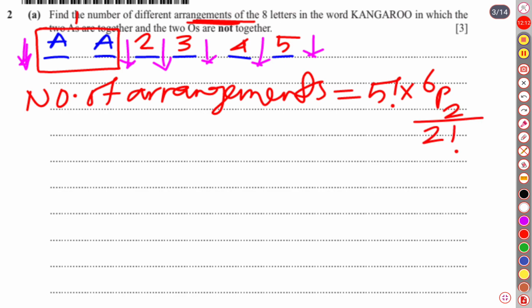Now let us calculate this. It is going to be 5 factorial into 6 factorial over, if we subtract 2 from 6, it is 4 factorial. Again, there is 2 factorial, which is going to be 2.